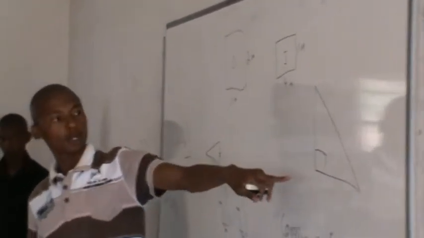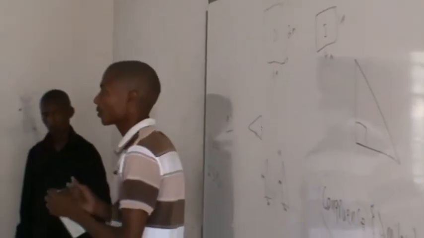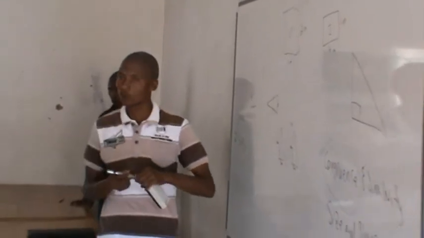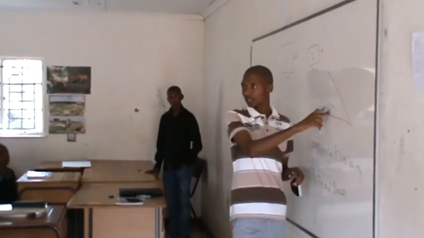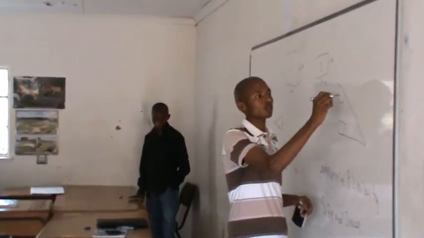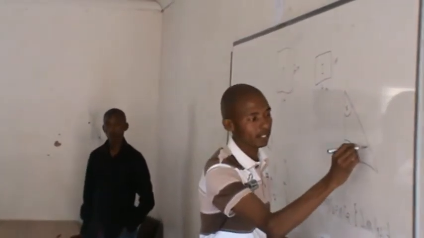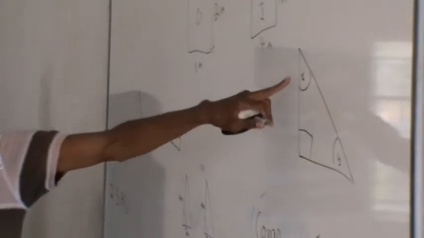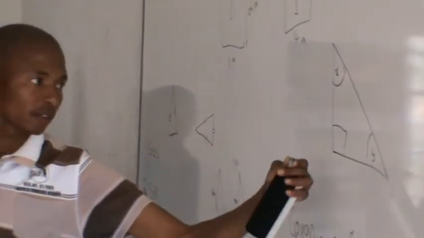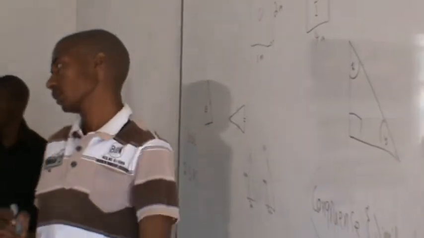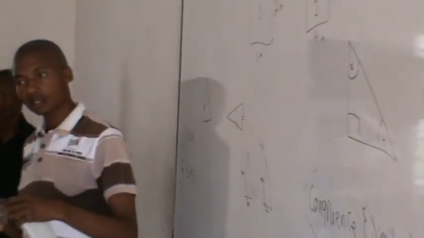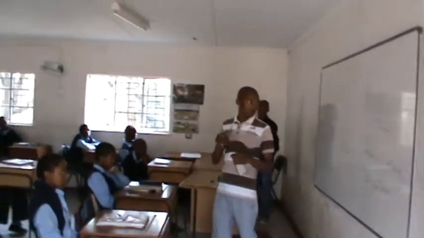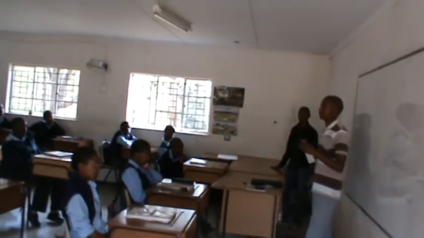This prompts me to talk about the interior angles of a triangle, the sum of the interior angles. If you are given a right angled triangle, you know for sure that here is 90 degrees. Suppose you have angle X and angle Y. If you are given two interior angles, you can find the third one using the angle sum of a triangle.